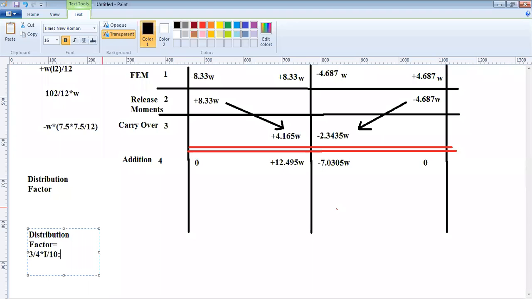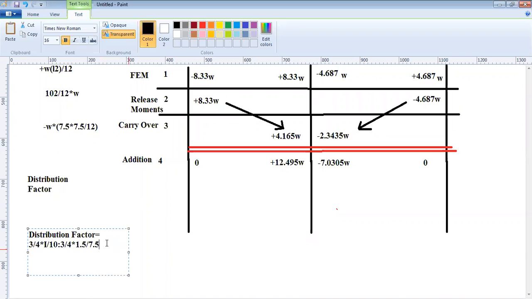This is how we calculated it last time. And the stiffness of BC is 3/4 into 1.5 I divided by the length of BC, which is 7.5.